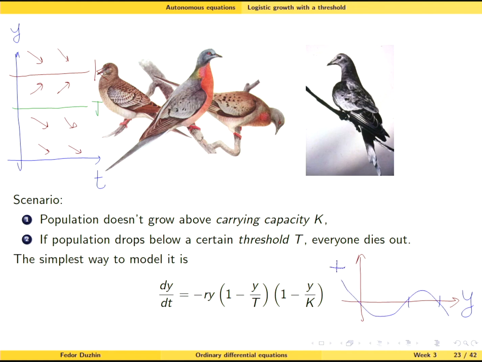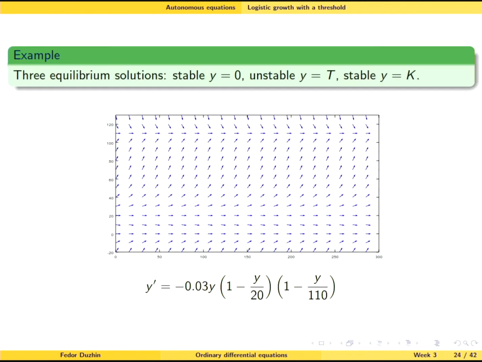So positive, negative, positive, negative. And then the simplest that you can do is a cubic polynomial, and that's what it is. So this is called the logistic equation with a threshold.